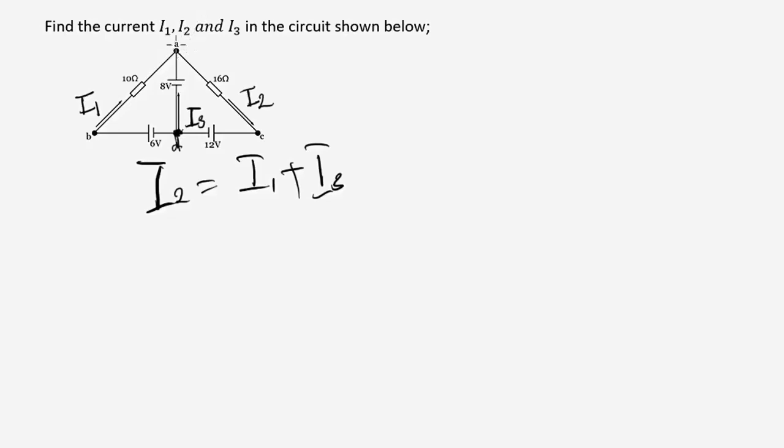We have our first loop A, D, B, A, and then we have our second loop A, C, D, A. So we have two loops now.